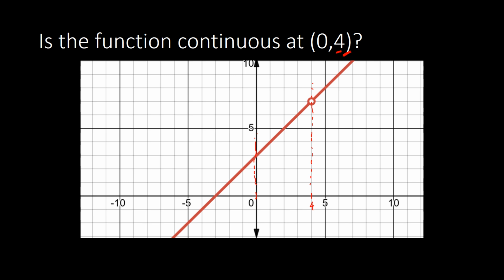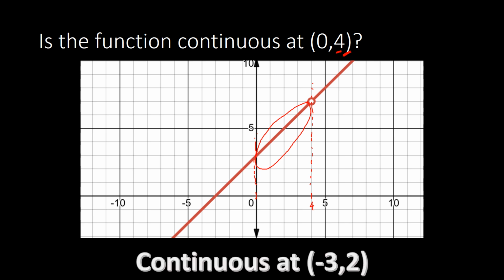What we only care about is this portion of the graph here. So this is continuous because we do not have any hole or break within that graph. Forgive me, this should be 0 and then 4.